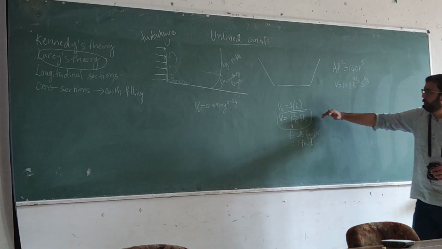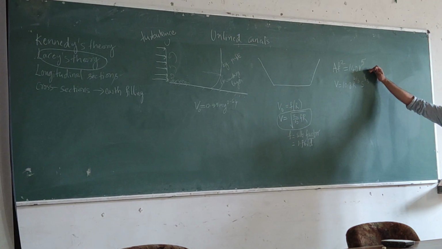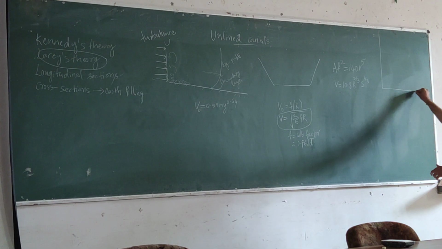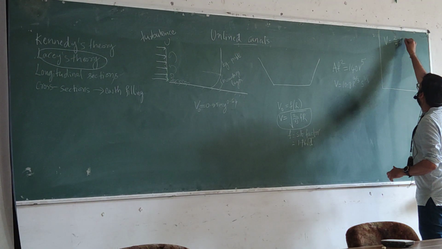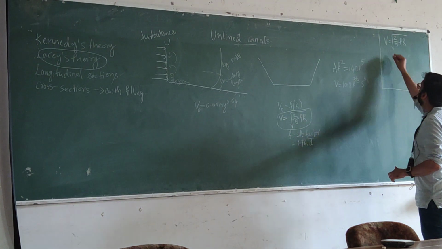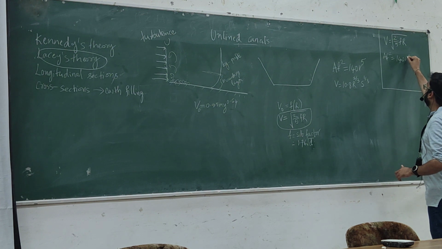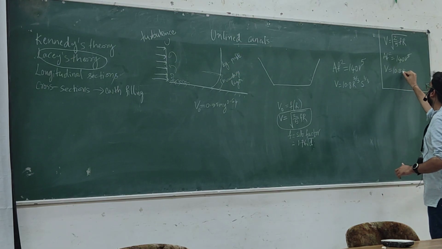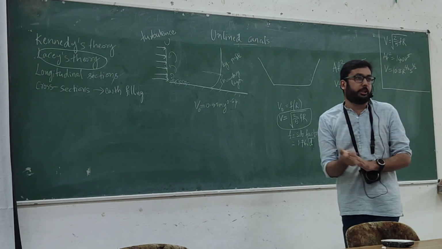So now we have two relations for velocity and one relation for area. These are the three fundamental equations that Lacey gave us to design the channels, right?